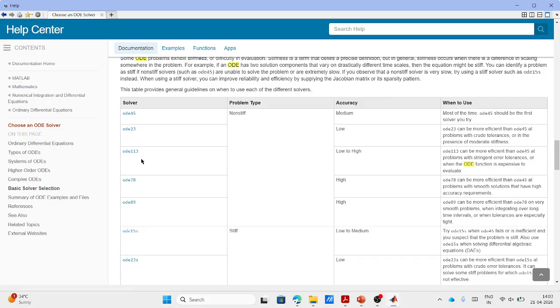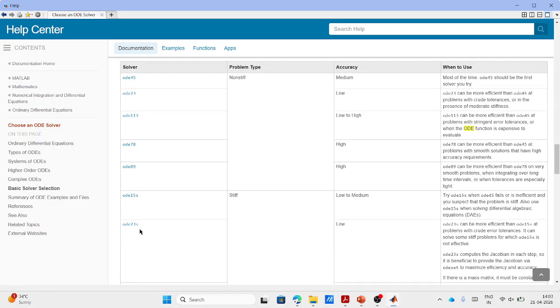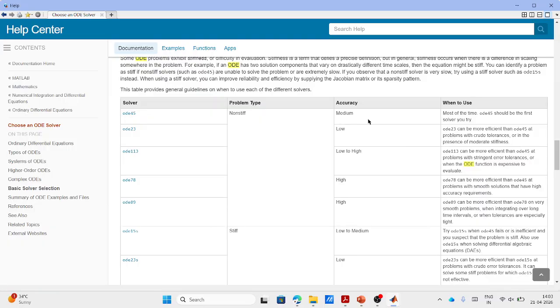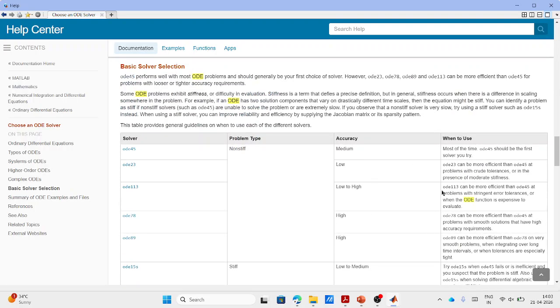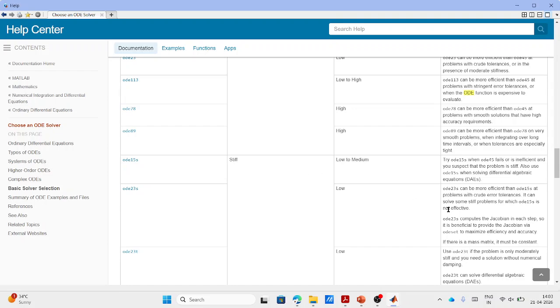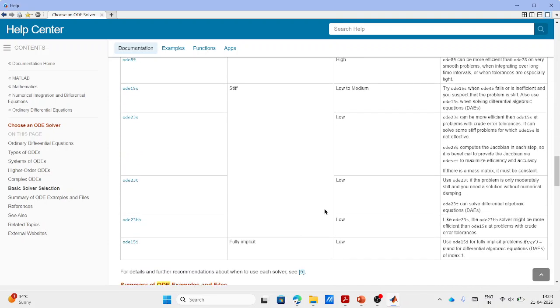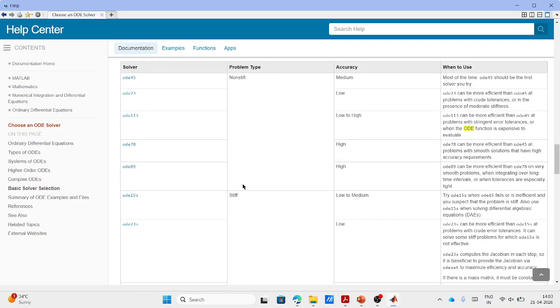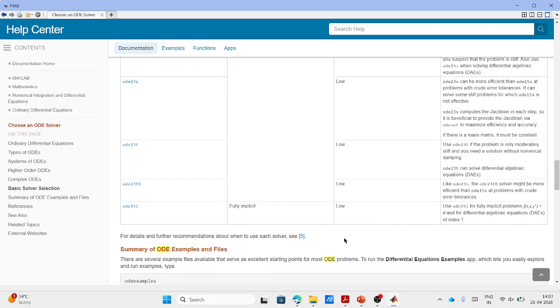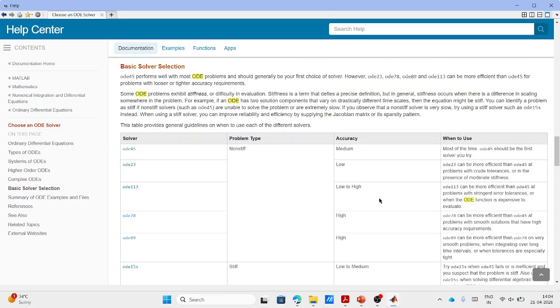You have ODE45, ODE23, ODE113, ODE15s, ODE23s, how accurate they are, and when to use each solver. For learning purposes, this selection might not matter too much, but when you are solving very specific problems, specifically stiff ordinary differential equations where one variable is changing very drastically with time, you have to consider which function to use and how your accuracy varies.